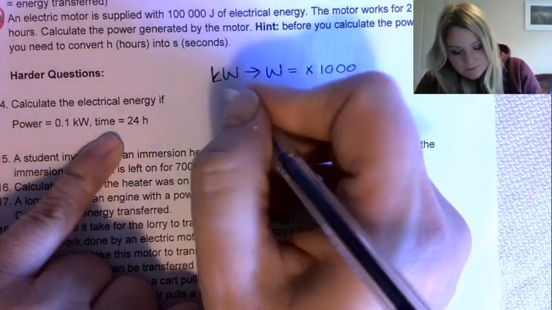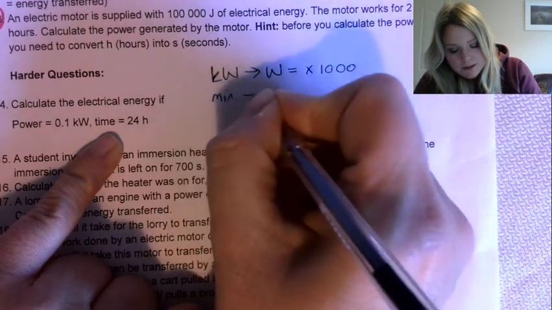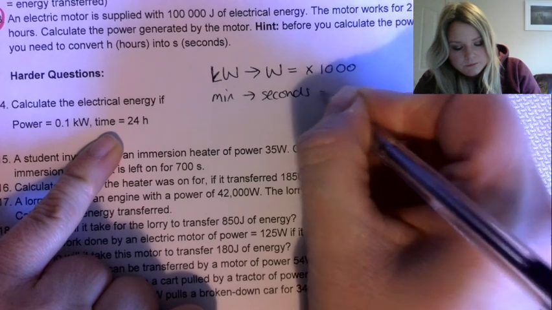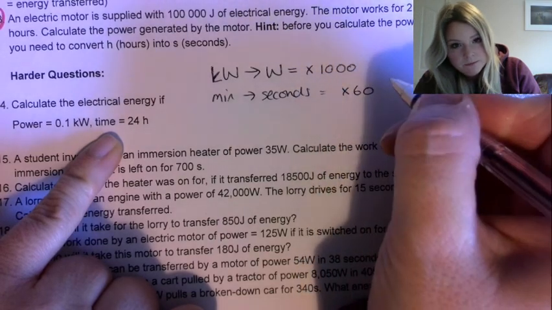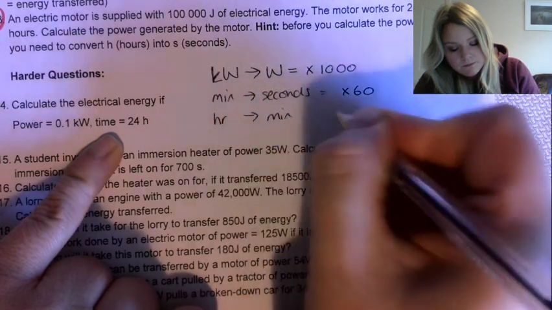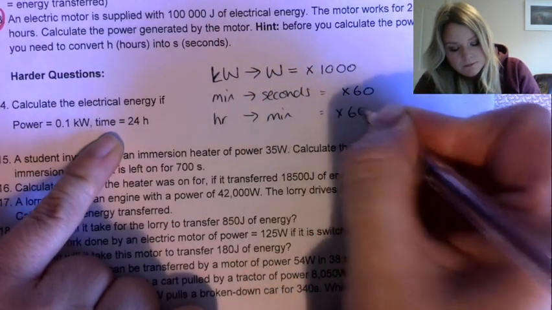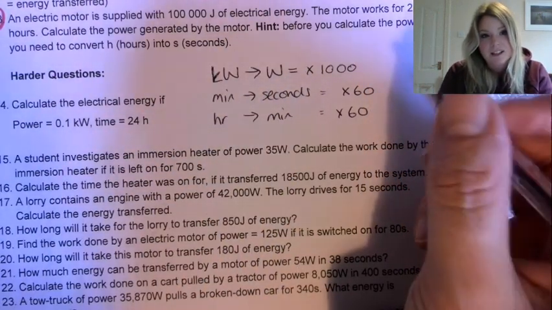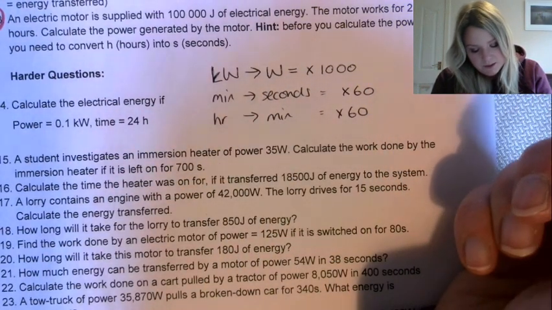Time, to go from minutes to seconds, we multiply by 60. To go from hours to minutes, we multiply by 60. So you're going to have to do both of those things there. You're going to go from hours to minutes and then minutes to seconds. So you'll end up multiplying by 60 twice.